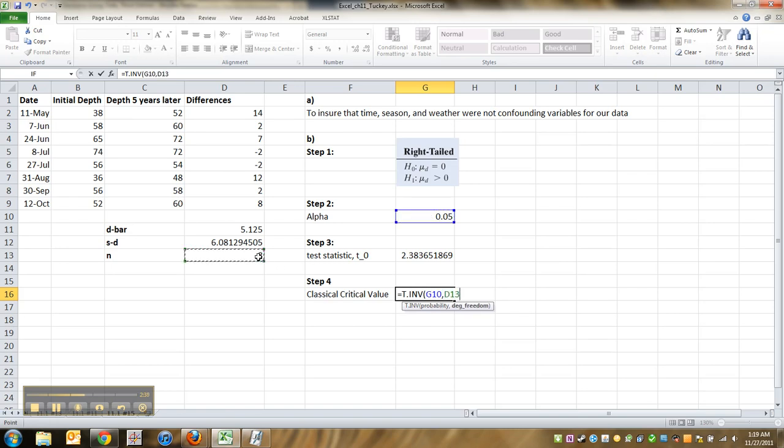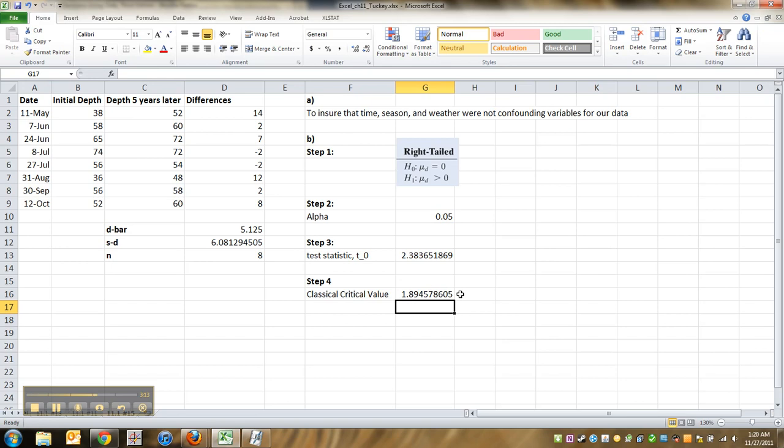Degrees of freedom is 8 minus 1, right? Wrong. The problem is that T inverse always is left-tailed, so you can fix this a couple ways. You can do 1 minus 0.05, that'll give you the positive one. Or you can do 0.05, but then just take the negative of it, right? Because this is a right-tailed test. So either way, do the negative in front or do the 1 minus in here for your area with the alpha. In other words, 1 minus alpha.